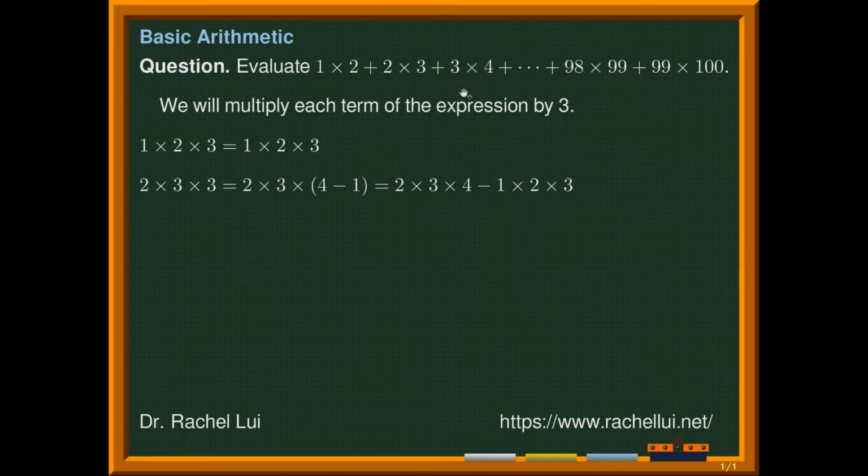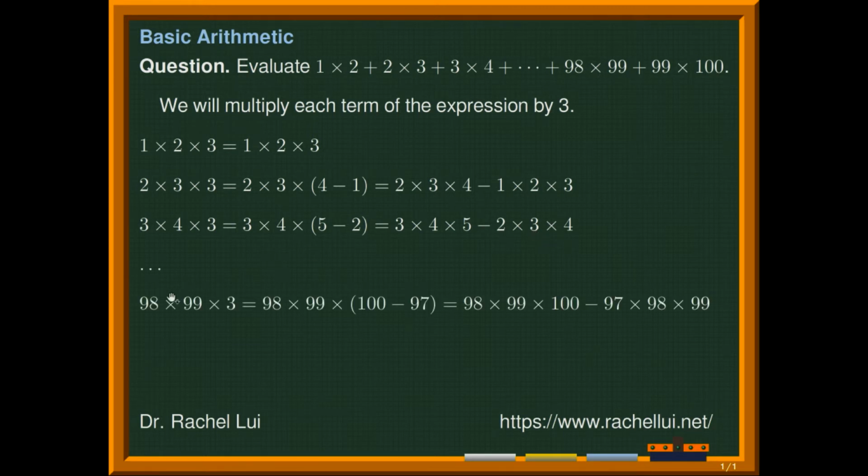For the third term, 3 times 4, I will also multiply it by a 3, and I will change this 3 into 5 minus 2. And then I will apply the distributive law. Then I have 3 times 4 times 5 minus 2 times 3 times 4, and so on. So for the second last term, 98 times 99, I will also multiply it by a 3, and I'll change the 3 into 100 minus 97.